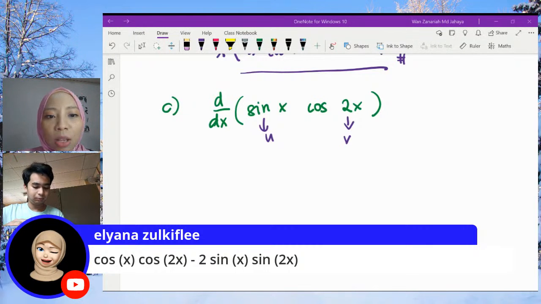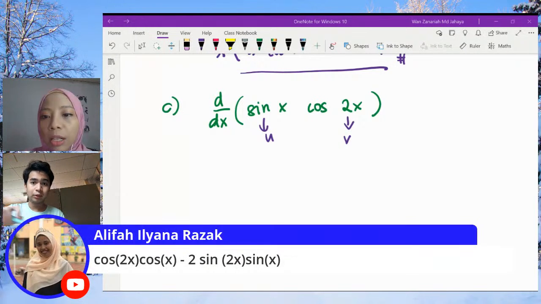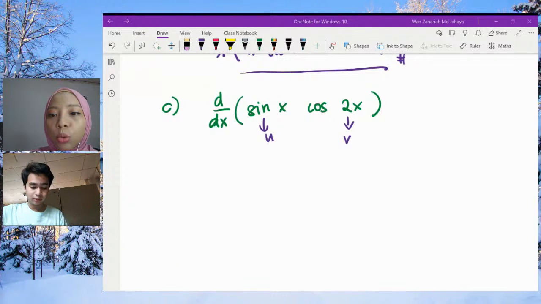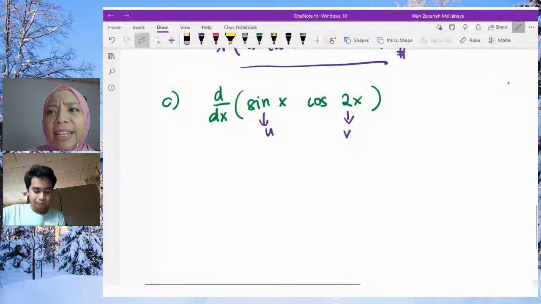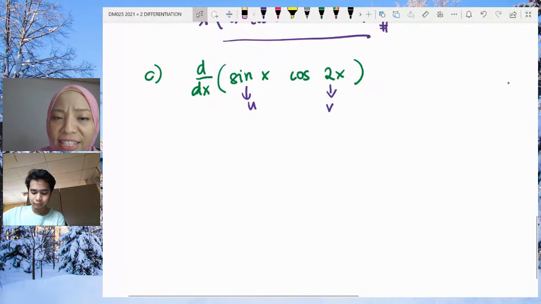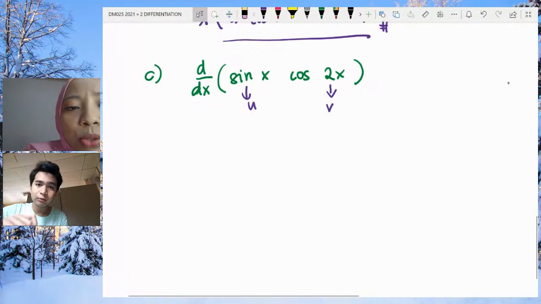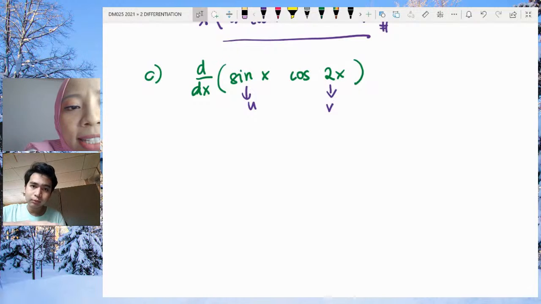Itu yang kita nak tengok. Kemungkinan betul. And then ini pun yes ada kemungkinan betul. Memang betul pun sebenarnya. Okay, so mari madam tunjukkan. So again, I remind you that this question it's easy actually. Tak susah pun. It's just that you have to be careful.